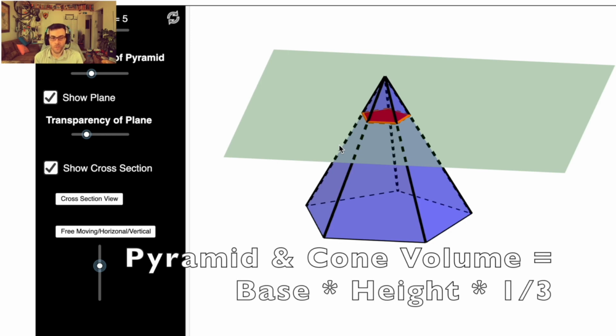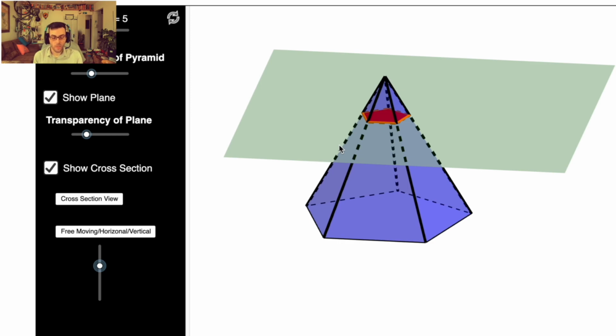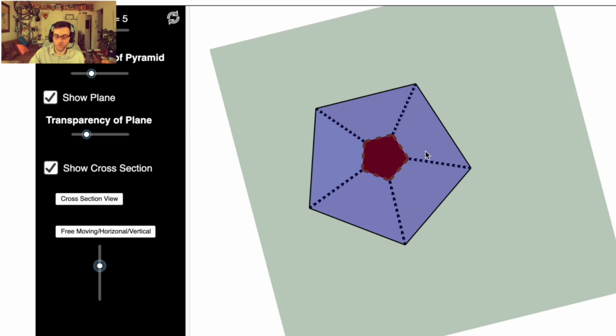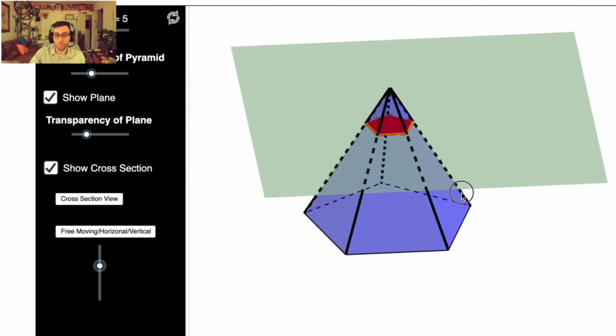What mathematicians found back in the day, we're talking thousands and thousands of years ago, dating back to the ancient Egyptians even, if you will, is that pyramid calculations are different. They found that if they were to take things like cones, say, or like a pyramid in this particular example, if we were to fill up that object, it's going to take up about 1/3 the amount of space in comparison to, say, just a pentagonal prism.